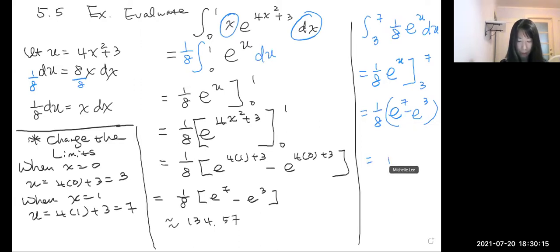Then it's the same as 134.57. Okay? I think this is the same amount of work.